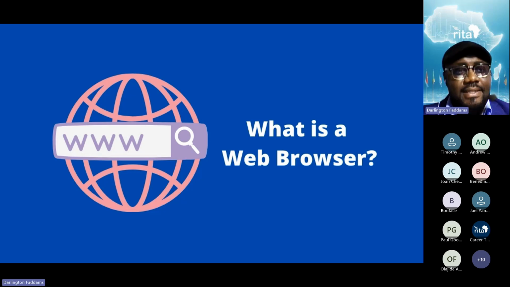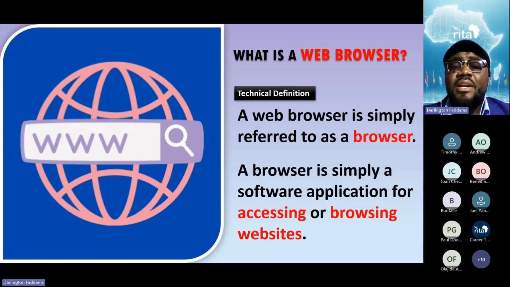When you create a website, a site on the web, when anybody wants to access a website, they need to access it through a browser. So we know what a web browser is. It can simply be known as a browser, and it's a software application for accessing or browsing websites.